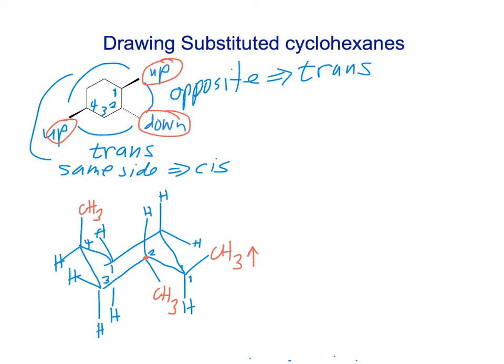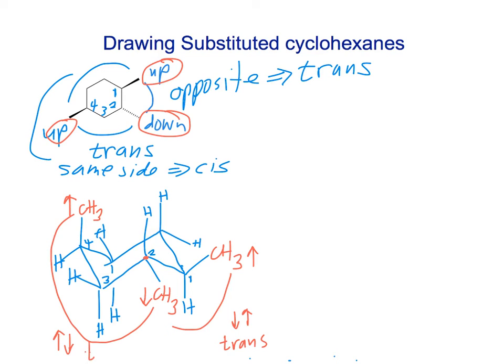And there we go. So notice, okay, this one is down and this one is up. If we look at the relative positions or directions of these 2 methyl groups, notice that one is up, one is down. This is trans. They're on opposite sides. If we compare this methyl group to this methyl group over here, we have one going down and one going up.